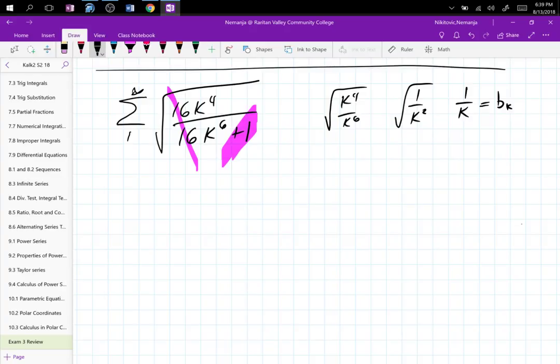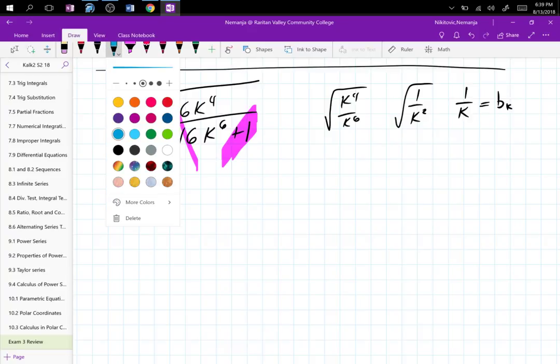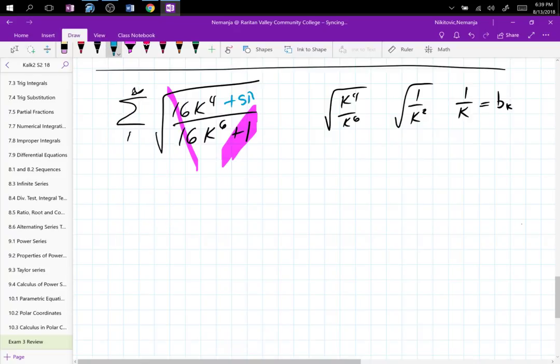If you have any garbage in the numerator, the best troll move is to put plus sine of k to the 7th. Now that thing you can flat out ignore, because sine is bounded between -1 and 1. It's not going to impact your sum at all.